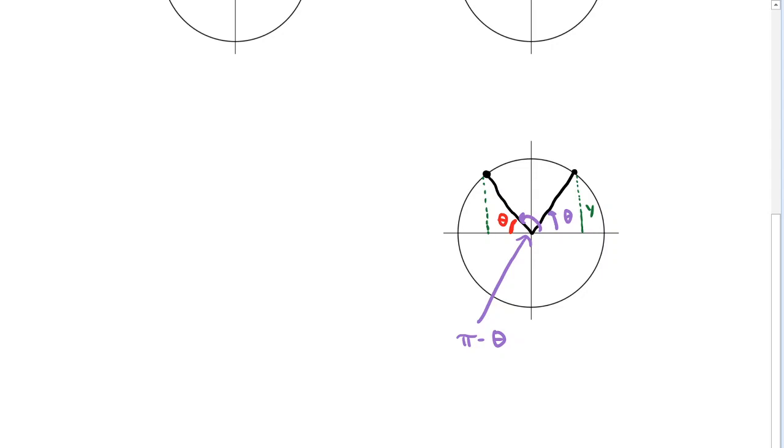If we're expecting the same triangle to fit into this picture, both with that angle of theta to the x-axis, then for the second angle, we should expect 180 take away the angle of that triangle in red. And so that's pi minus theta. So sine of theta is always going to give us the same result as sine of 180 degrees minus our angle, or in other words, pi minus our angle.